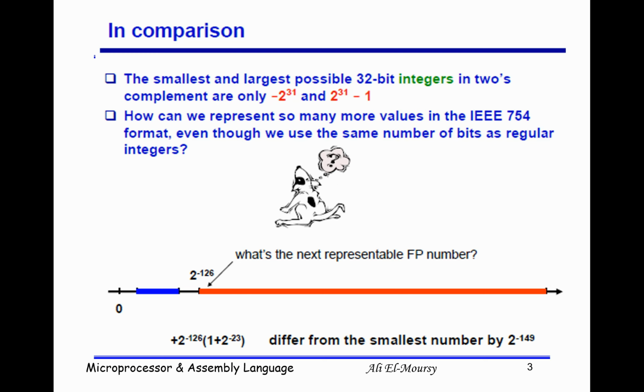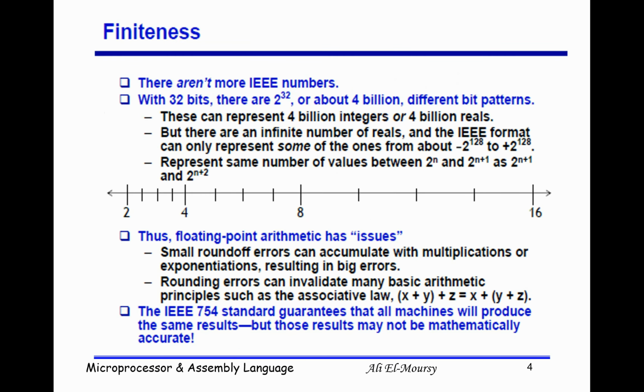However, in floating point, the ranges of numbers are completely different, as we will see in a minute. The 32-bit IEEE standard does not change the 4 billion representations that we have.